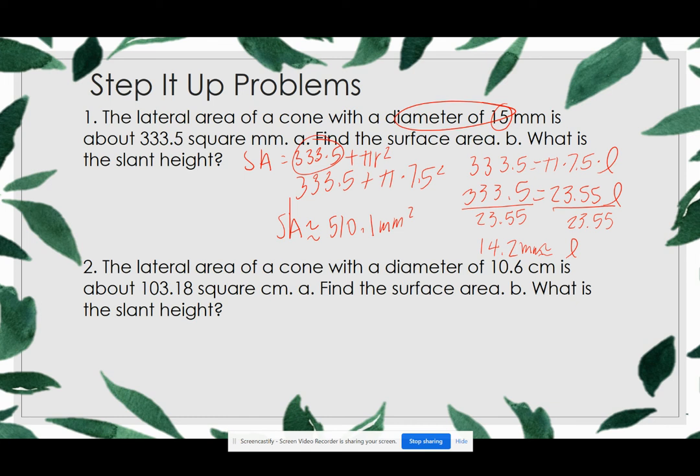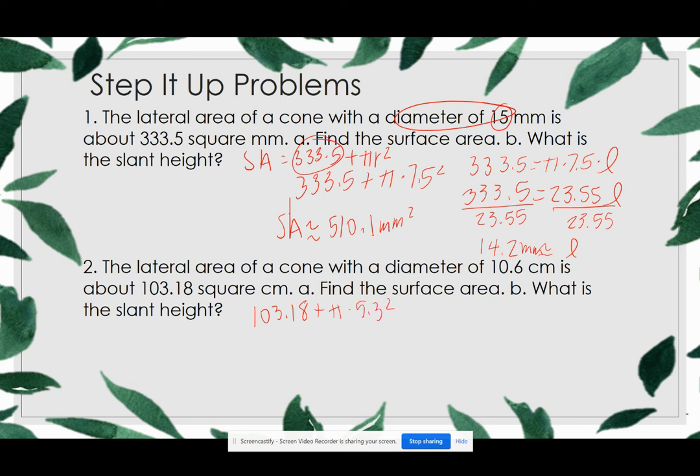So looking at all the information I just did, I want you to try the next one on your own and let me know what you get. Alright, so it says the lateral area of a cone with a diameter of 10.6 is about 103.18. You want to find the surface area. So we do 103.18 plus pi times r, which is 10.6 divided by 2, 5.3 squared.